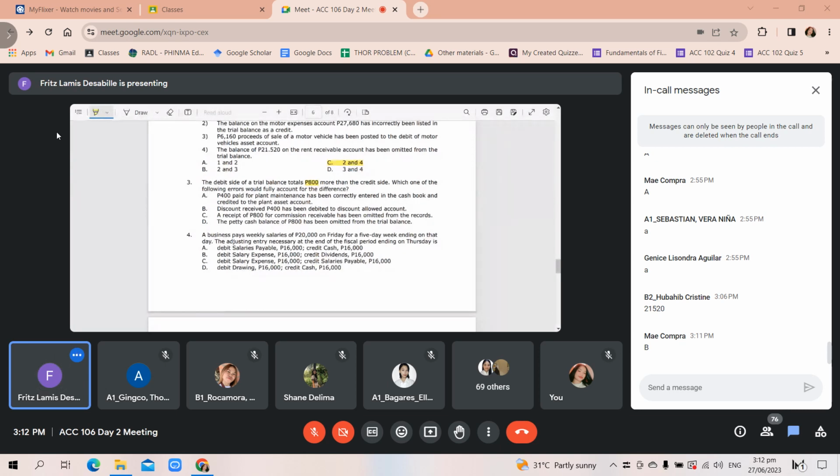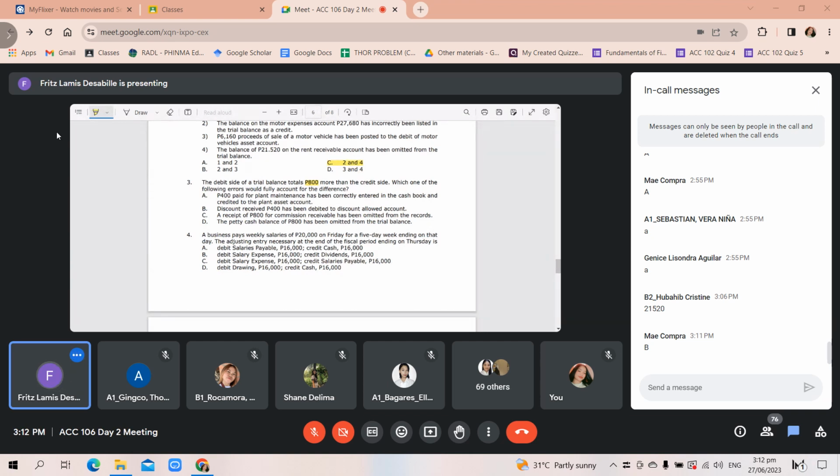In the cash book, the entry is a debit to cash and credit to plant asset or PPE account. So sayop ang entry because for plant maintenance, the entry should be debit maintenance expense, credit to cash. Pero ang gi-entry nila dire kay a credit to the plant asset, and a debit to cash.